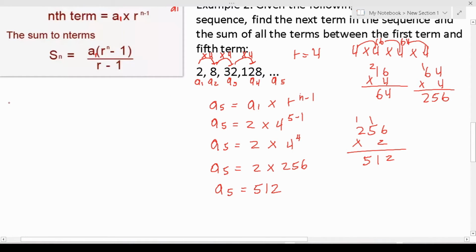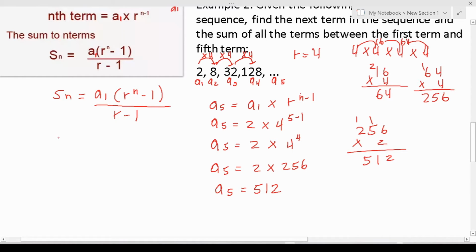All right, so now that we've found the fifth term in this sequence, let's go ahead and find the sum of the first through fifth terms in this sequence. And again, we can use this formula to do so. That's s to the n equals a to the 1 times r to the n minus 1 over r minus 1.